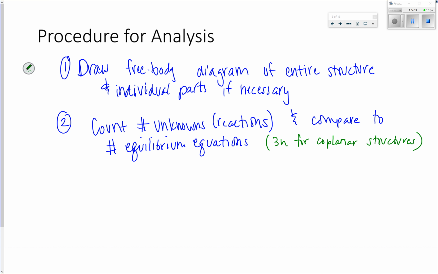And finally, write your equations and solve for your unknowns if you can do that, if it's statically determinate.